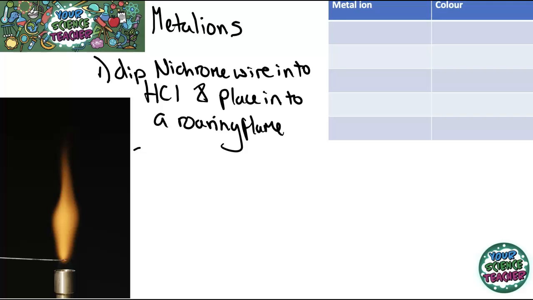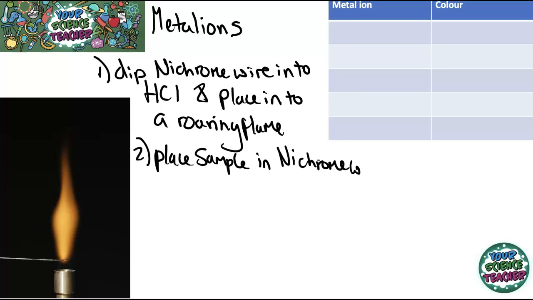What we can do is place a sample on the nichrome wire. Now this sample could be a solid, it could be a liquid, it doesn't really matter. You can sometimes dissolve your solid in a liquid as well. That's sometimes what people do in order to get it to go onto the nichrome wire better.